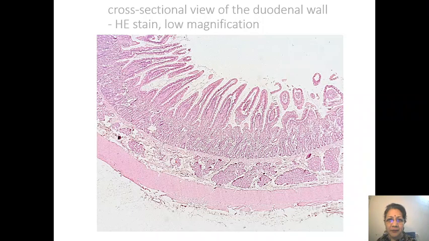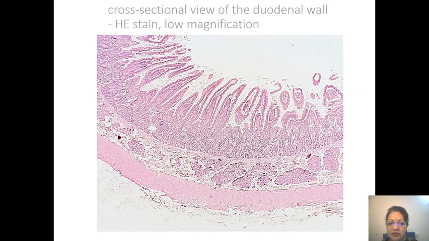These glands add an important bicarbonate component so that the contents in the lumen now become alkaline and can be acted upon by the digestive enzymes. So, mucosa with broad, wider villi, crypts of Lieberkühn or intestinal glands, and then submucosa with Brunner's glands.